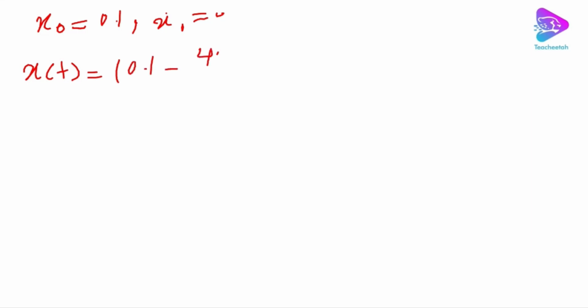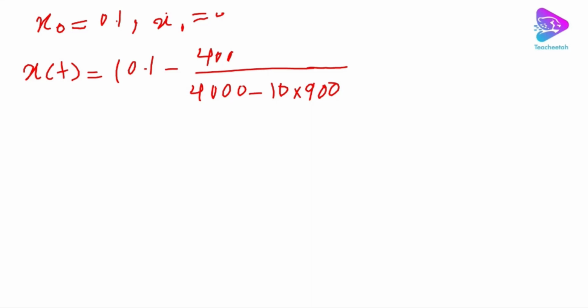So x naught we know as 0.1 meter, and x dot naught, the initial velocity, is 0, which makes it even easier to calculate. So x(t), if we plug into the previous equation and simplify, we have 0.1 minus 400 divided by, actually 4000, this is k, minus 10 times 900.